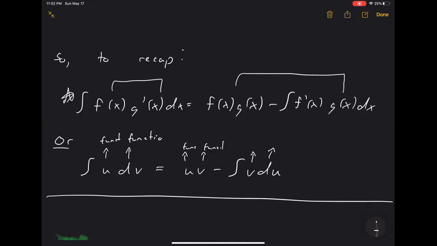The trick is going to be recognizing that we actually have this situation. And it's not something that's going to pop out to you. Usually you're going to try it and see if it works. Okay. So let's try it with this integral here.